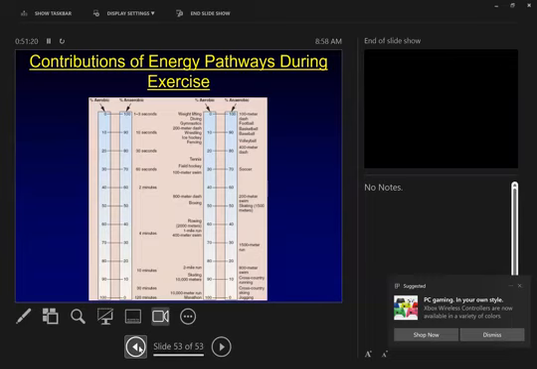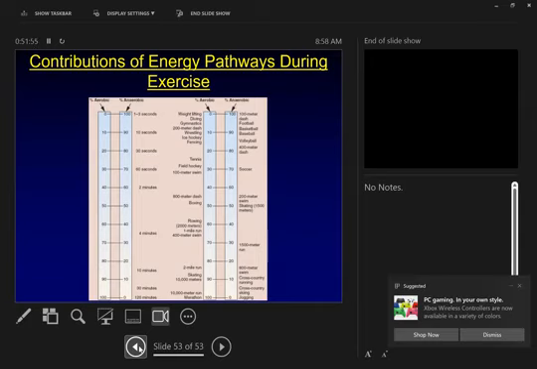So this shows 10 seconds, like a sprint. 10 seconds, 90% anaerobic, mostly creatine phosphate. 30 seconds, 60 seconds, the big takeaway is as we move longer and longer, a larger and larger percentage of our energy use comes from aerobic metabolism.